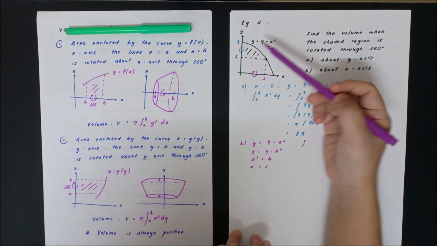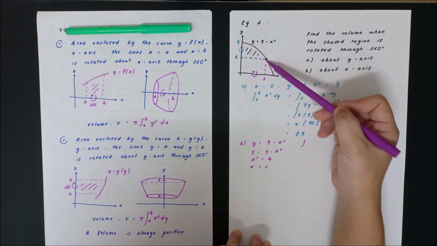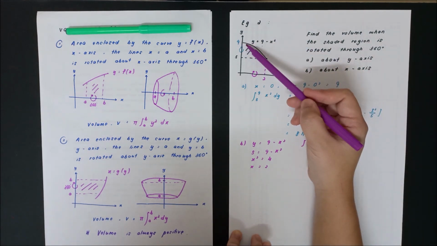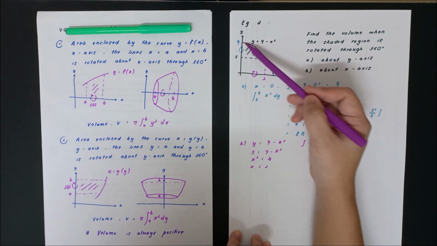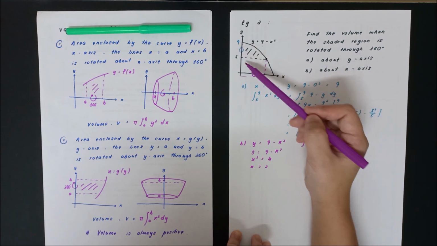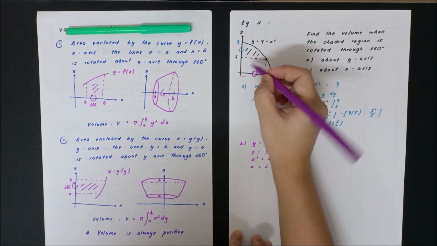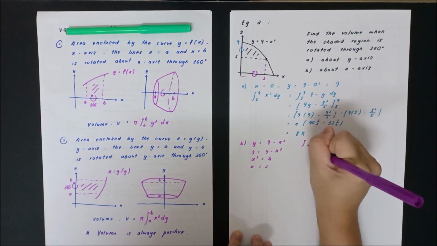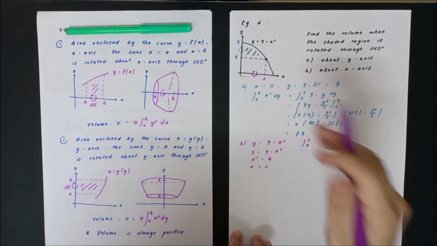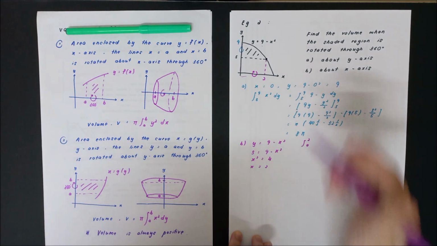So we have 2. So this is the bigger volume, right? When it rotates, of course the volume that you rotate for the whole thing is bigger than only this thing. So we have a limit 0 to 2, and then rotate about your x-axis.